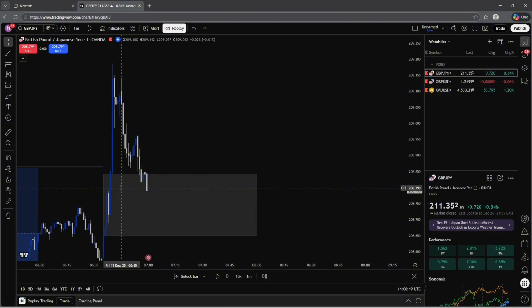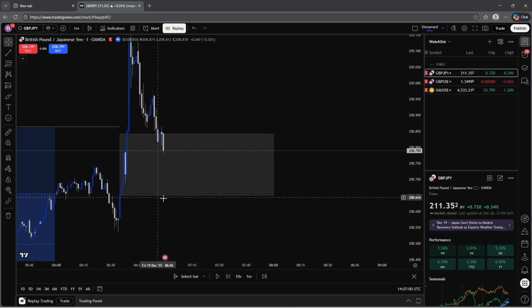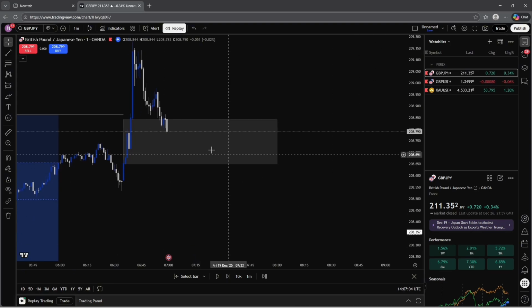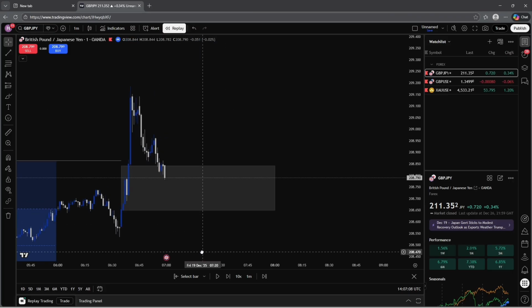The reason we look for this is because fair value gaps, imbalances, tend to be respected. Here we're looking for price to respect it, bounce off and continue higher. However, when an imbalance gets disrespected, it shows that price doesn't want to react off of the level and instead wants to go in the opposite direction.